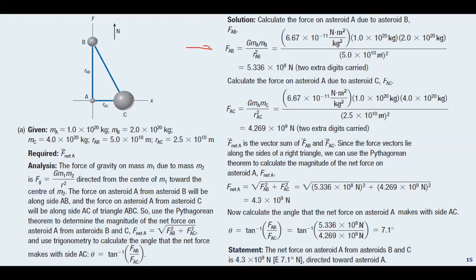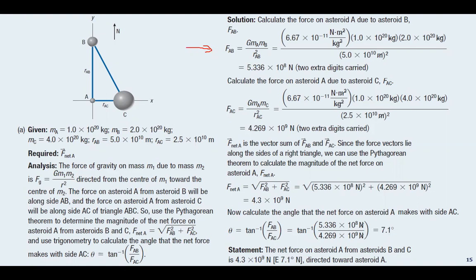FAB, according to the formula, equals G MA MB over RAB squared, right? So we have all values for the variables on the right side. Just put all the values in, then FAB is approximately 5.336 times 10 raised to the power of 8 newtons.